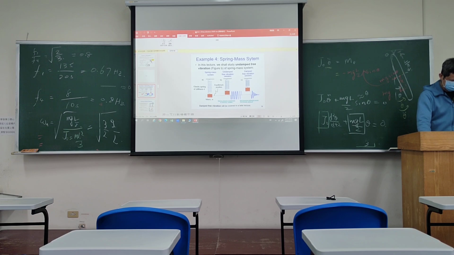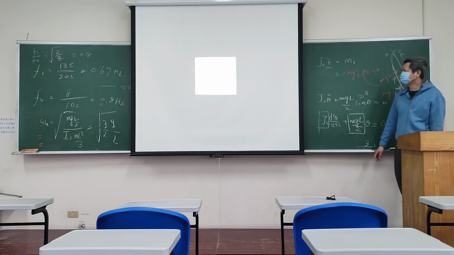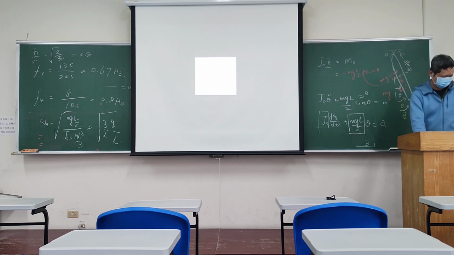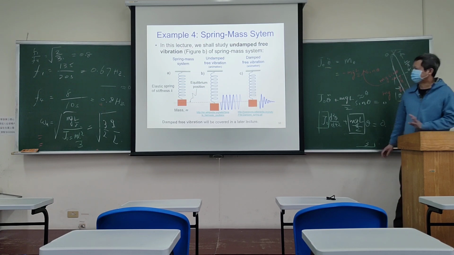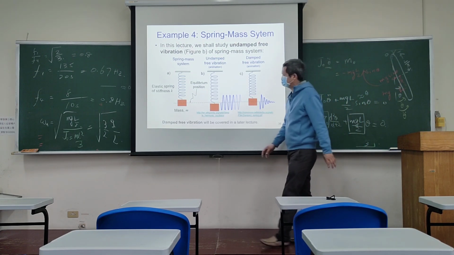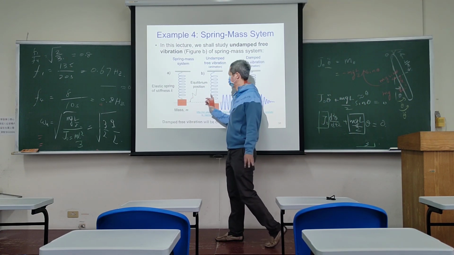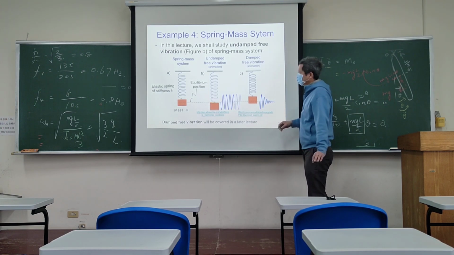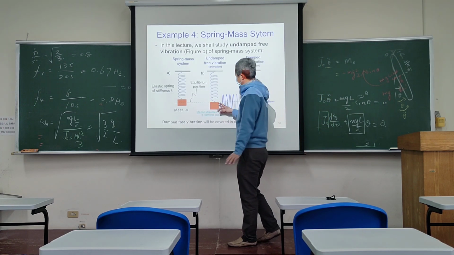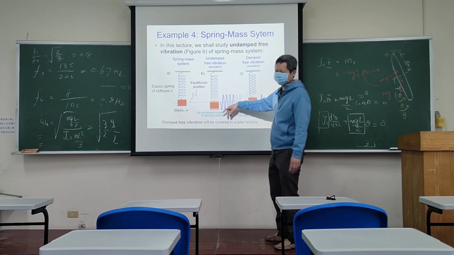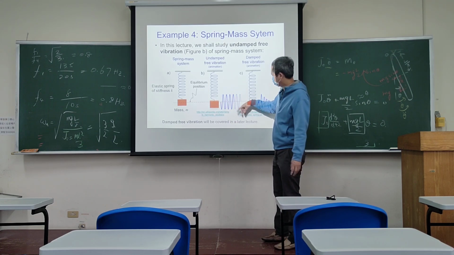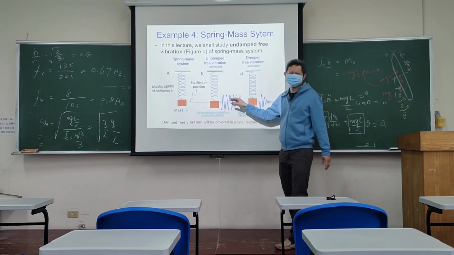After this, now we move on to the next experiment. The next experiment we're going to have the spring mass system. Ideally, if there is no damping, a mass spring damper will keep vibrating at the same amplitude forever.